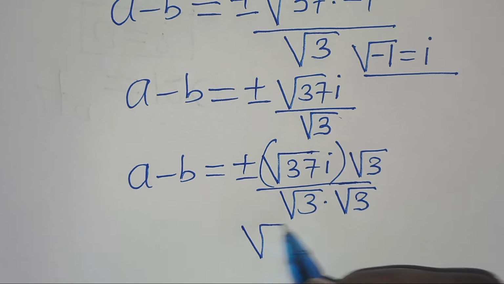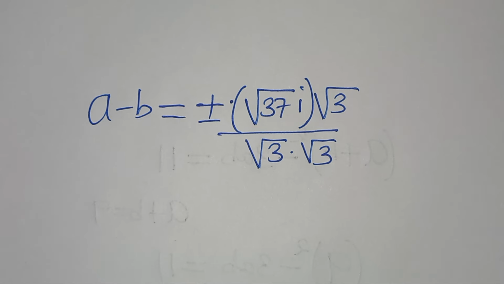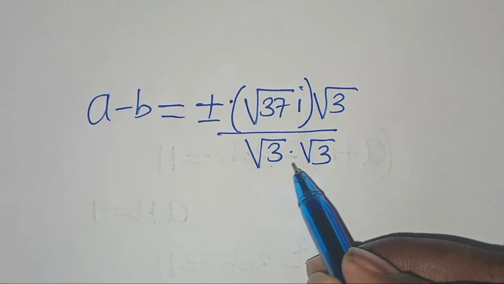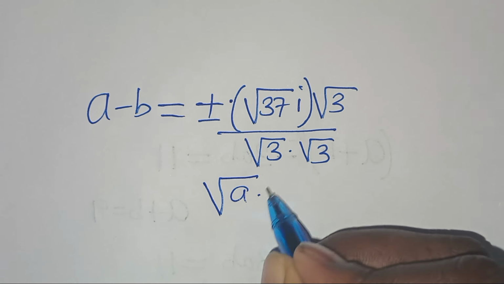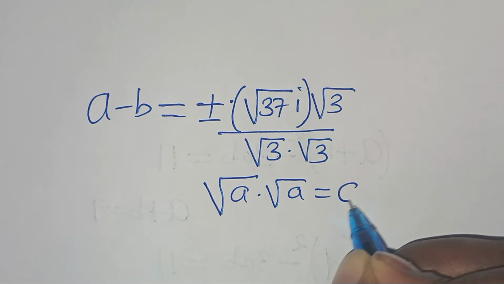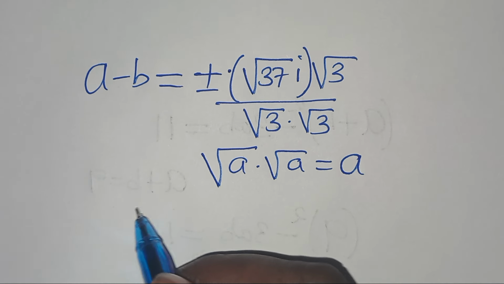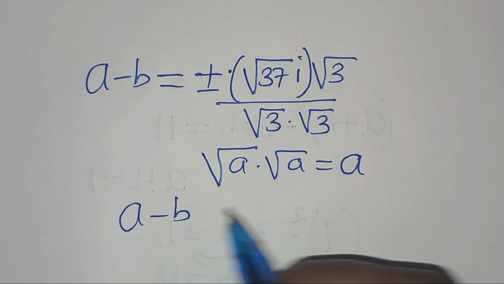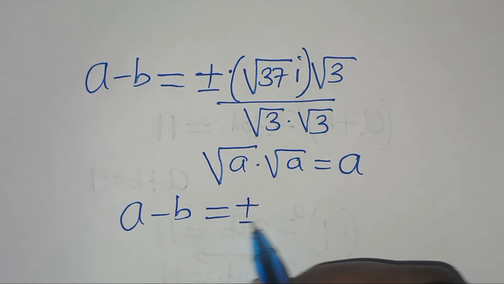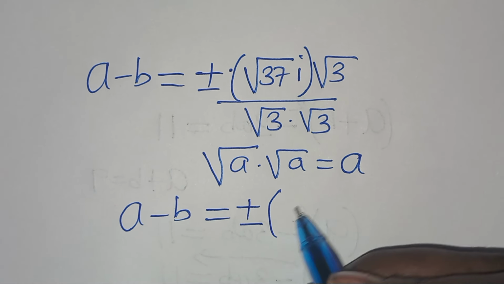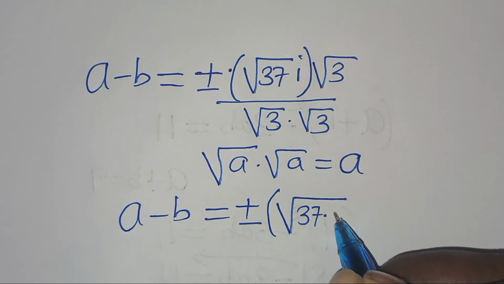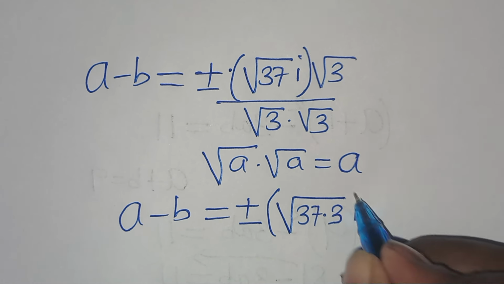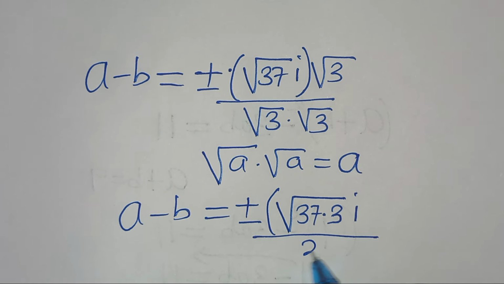Now we have the square root of 3 times the square root of 3. This is in the form of square root of a times square root of a, which is equal to a. So this implies that we have a minus b equal to plus or minus the square root of 37 multiplied by 3i, then divided by 3.